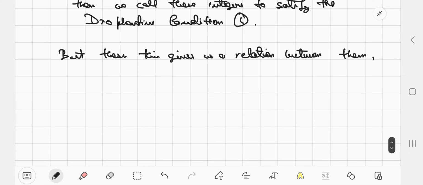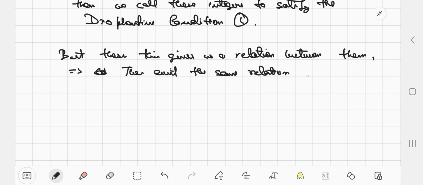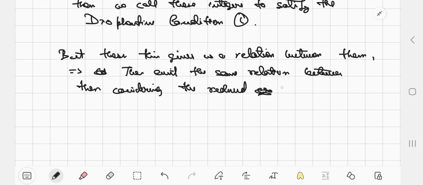So if there exists a relation between them, this implies there exists the same relation between them considering the reduced ring of Z modulo n, for any n.